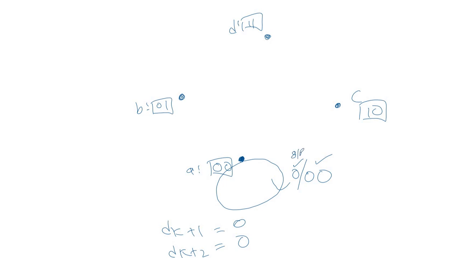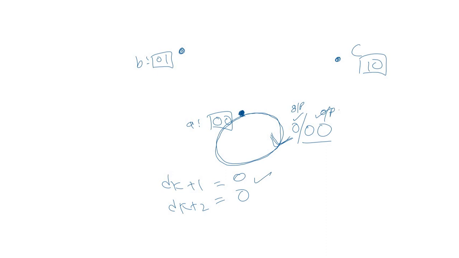It will still be in state A, because the bits in dk plus 1 and dk plus 2 will still be 0, 0. Initially we know that these two are 0 because we are in state A, and we are giving input as 0.